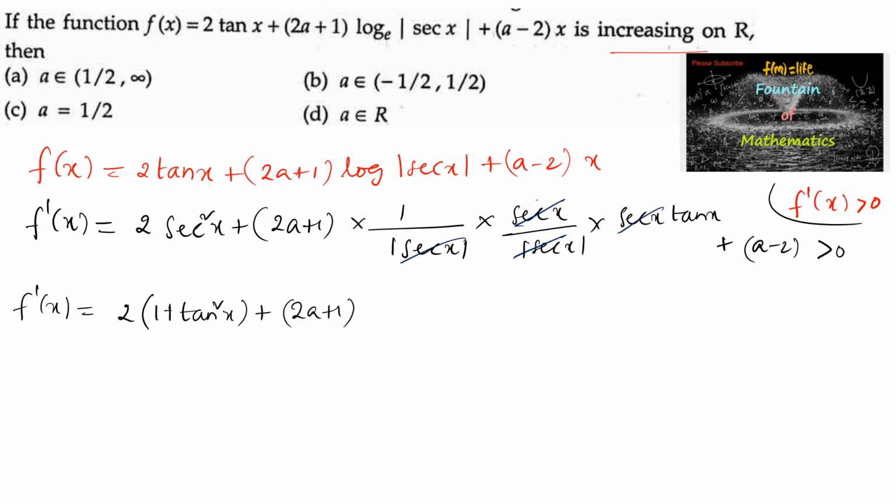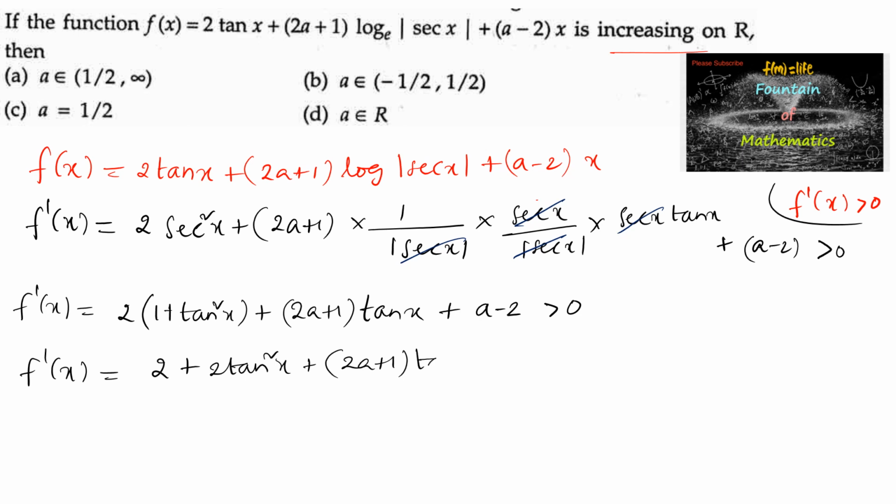So we can write tan x (2a plus 1) of tan x plus a minus 2 is greater than 0. That is, f dash of x is equal to 2 plus 2 times tan square x plus (2a plus 1) of tan x plus a minus 2 is greater than 0. So here plus 2 minus 2 gets cancelled.